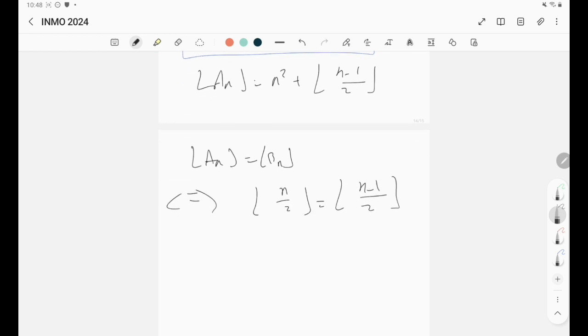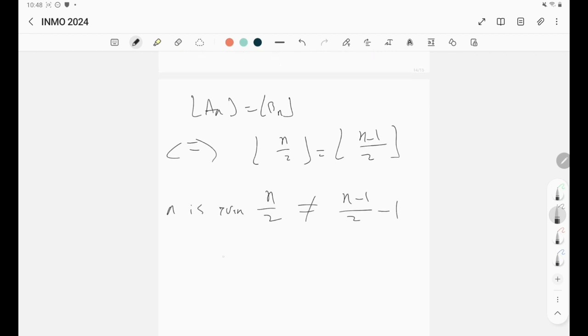Clearly this thing is correct when n is odd or even. If n was even, then the floor of it is going to be n over 2 because it's an integer. This thing is going to be n minus 1 over 2 minus 1. So no, when n is even, they are not equal. But when n is odd, this thing, n over 2, is not an integer.